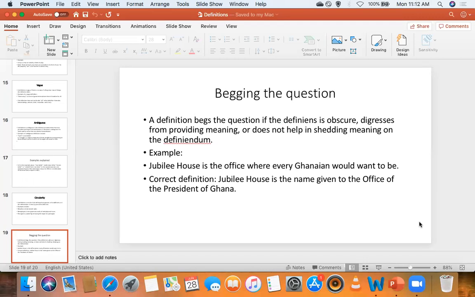Begging the question. A definition begs the question if the definition is obscure or digresses from providing meaning or does not help in shedding meaning on the definiendum. So if a definition is providing some kind of confusion, if the definition is doing something else apart from providing the meaning of the definiendum, then the definition is begging the question.